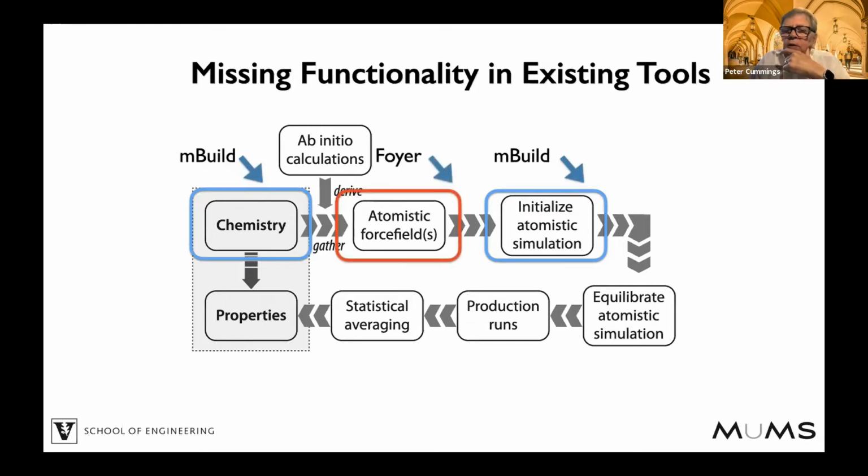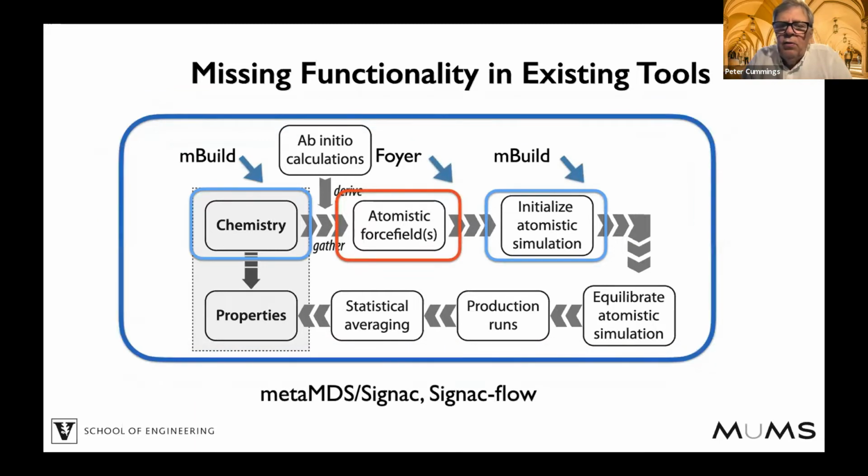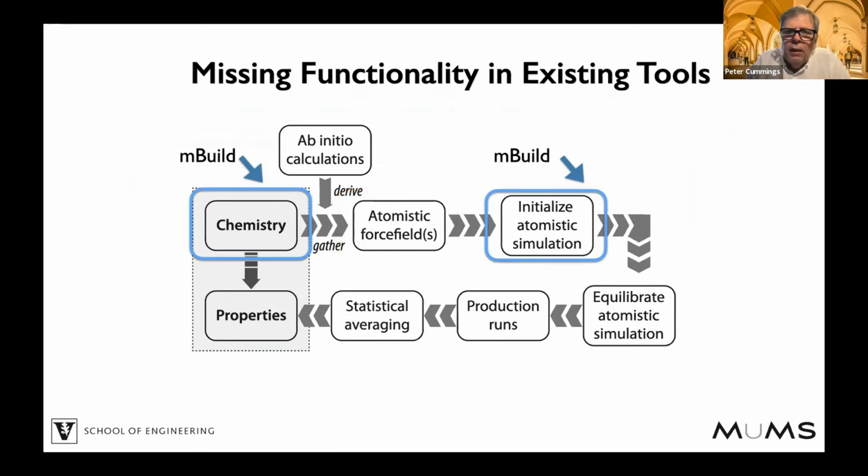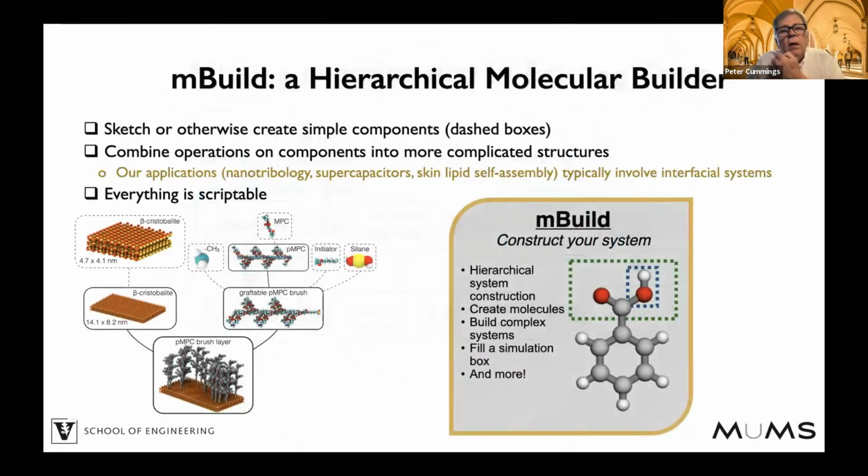Foyer is the application of the force fields, and then putting all these things together in order to execute the simulations was the role of Meta MDS for us, but now it's signac and signac-flow. So let's talk briefly about mBuild, and I am going to be very brief about this.